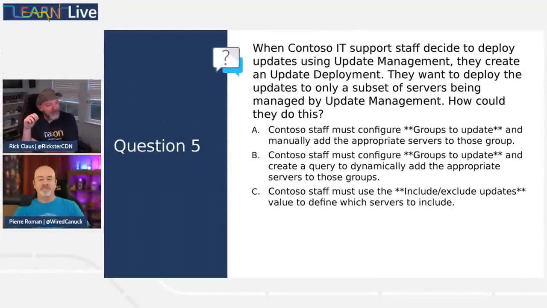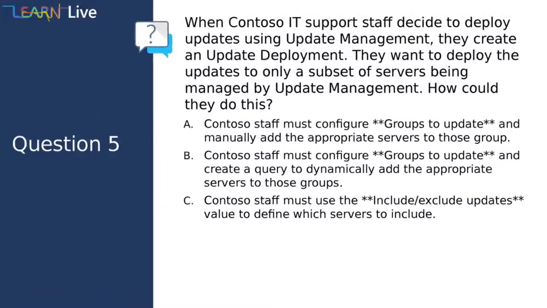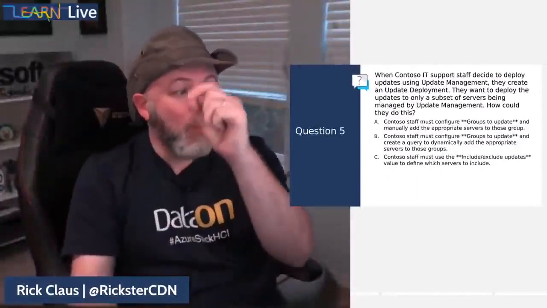Yep. And the first thing that jumps out at me is the manual process and the word groups. In A, it says Contoso staff must configure groups to update and manually add the appropriate servers into those groups. If you remember from the recovery demo that we were doing, Pierre started to go in and do stuff inside the groups area. And I said, no, back out. We're not going in that section. That's right.